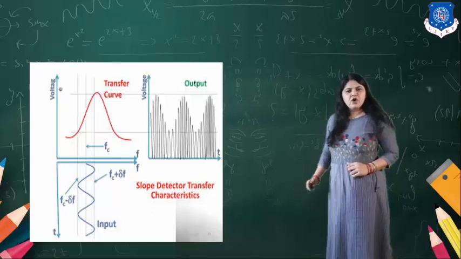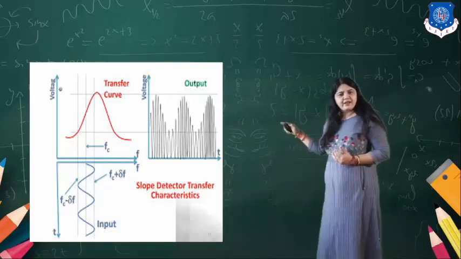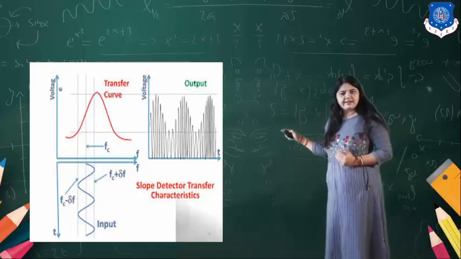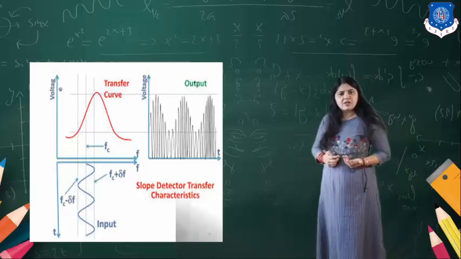Another way to say it is the transfer curve that we find using the slope detector shows the frequency changing.